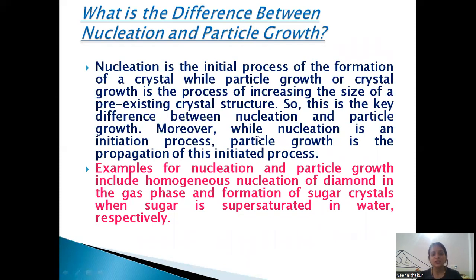Moreover, while nucleation is an initiation process, particle growth is the continuation of this initiated process. Examples for nucleation and particle growth include homogeneous nucleation of diamond in the gas phase and the formation of sugar crystals when sugar is supersaturated in water, respectively.